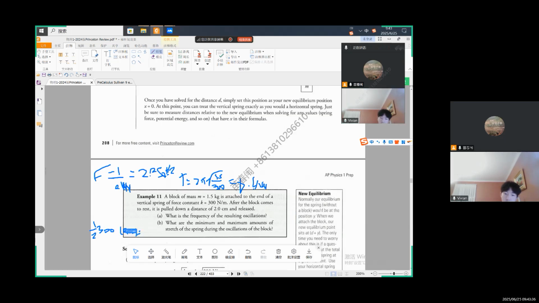Wait, isn't it just 2 centimeters for B? This is the thing. Let me draw it. Because it's vertical now, there is gravity.